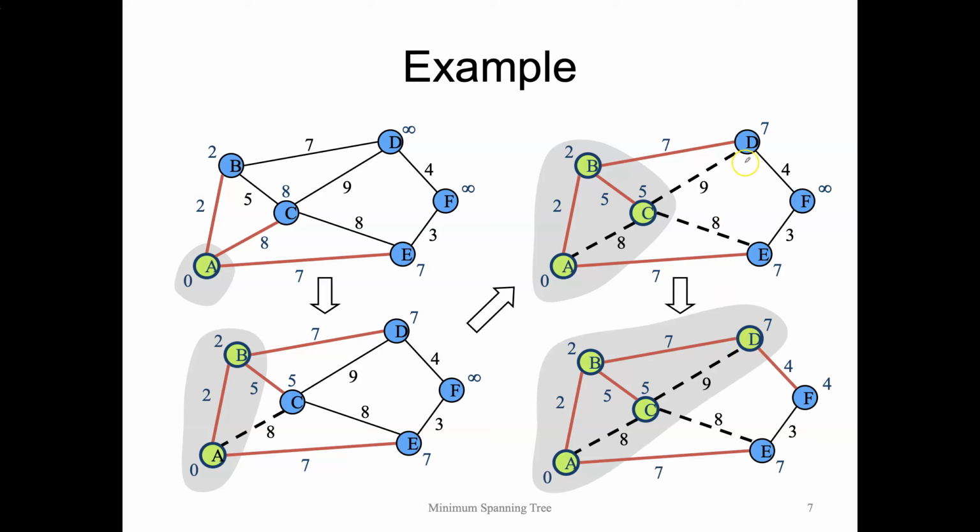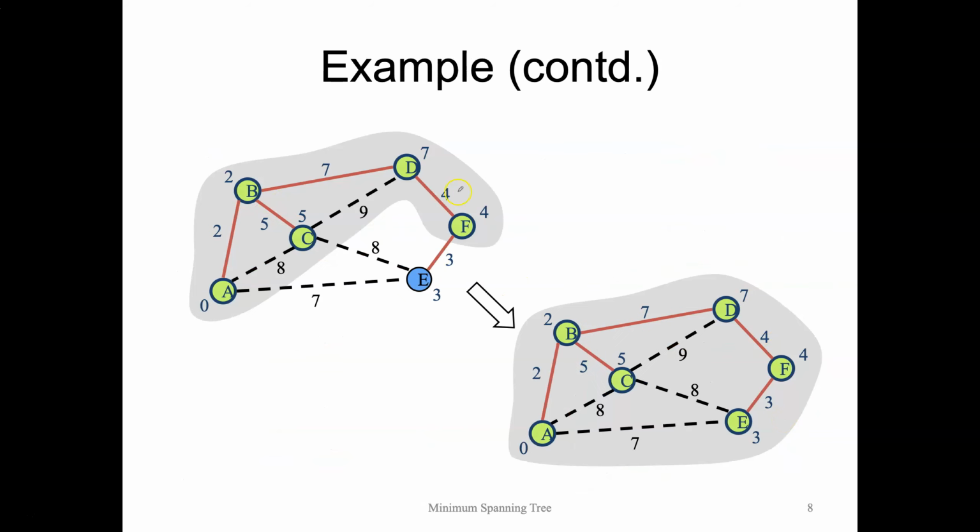So in this case, we relax all incident edges. So we have this one, which we haven't yet considered. And this gives that we can update F's distance label to be 4. This is better than what we had before at infinity. And now the remaining vertices, we pick whichever one has the smallest distance label, which is F. And when we add F to the cloud and relax this edge, we'll find that we have a better edge that gets to E. So instead of 7, we'll have 3.